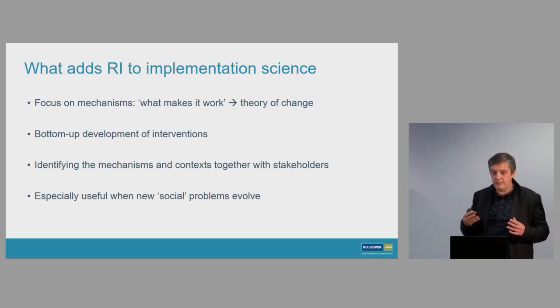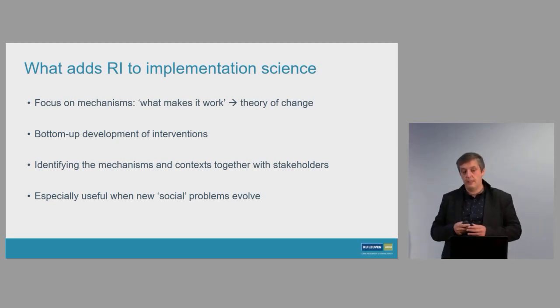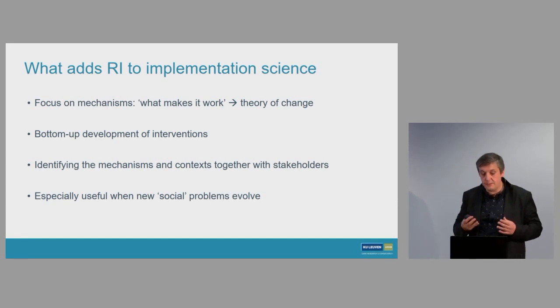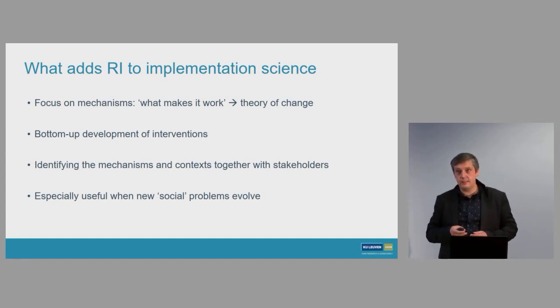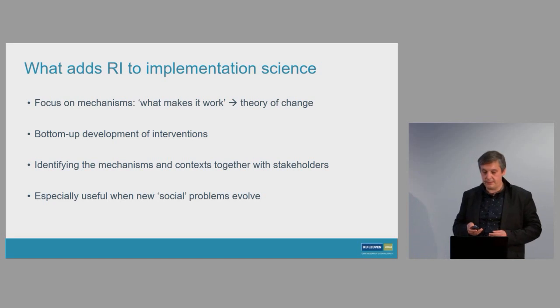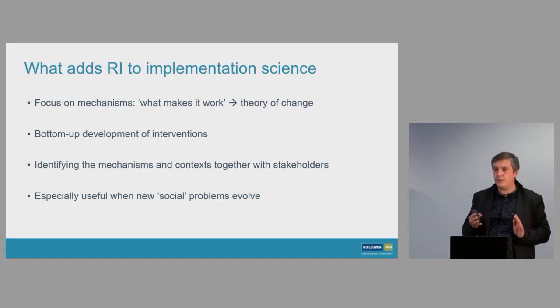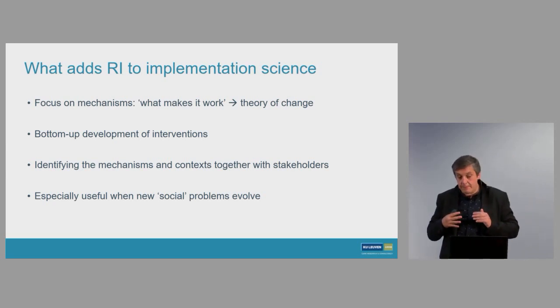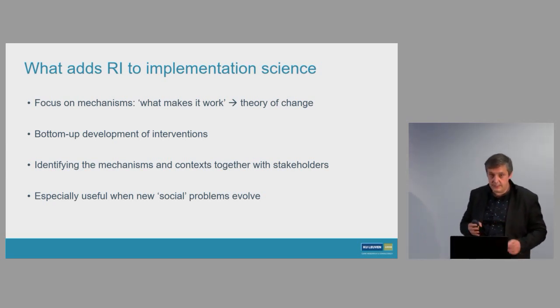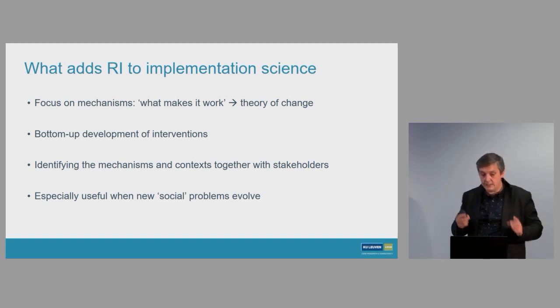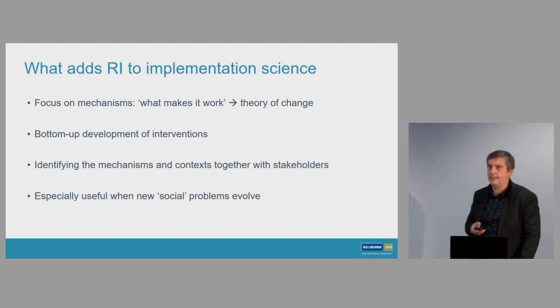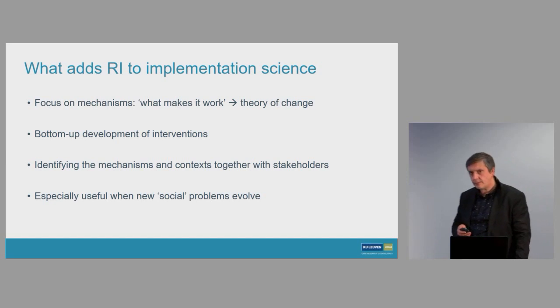And then realist evaluation is a very interesting approach because it helps you to identify the mechanisms and contexts bottom-up. So this is the general framework which I use doing implementation research. It's about context, it's about mechanisms, and from my perspective, I think realist evaluation is very much needed in this growing field of implementation research.